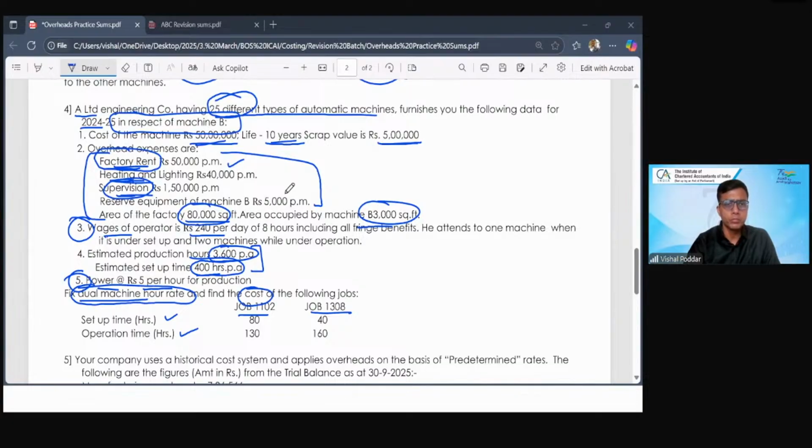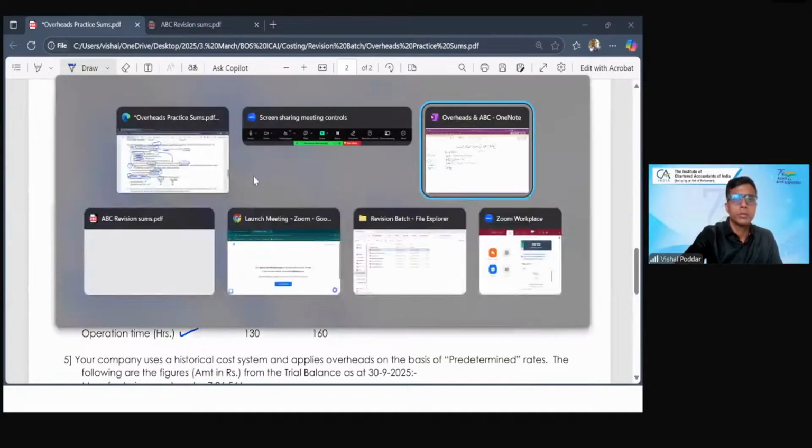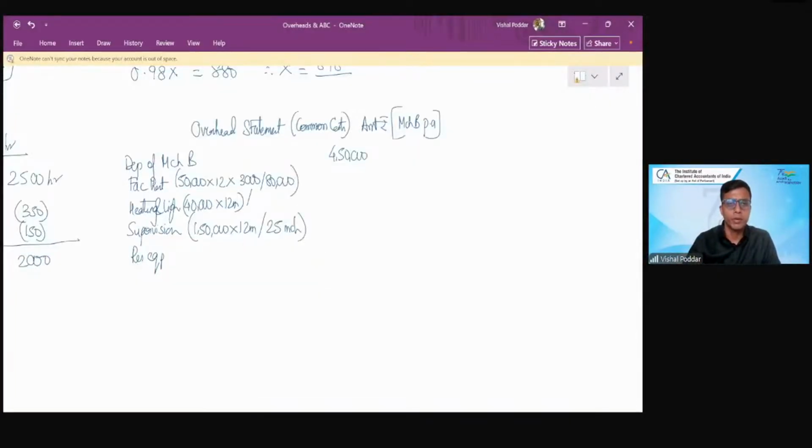For the time being, I'm considering, because they should have mentioned in the heading itself whether these overheads are for one machine or for the entire factory. You're right, beta. Even heating, lighting has to be considered for the entire factory. Why? Because if you see in this sequence, except for reserve equipment, which is specifically given for machine B, all others are at the aggregate level. So heating, lighting is also for the factory.